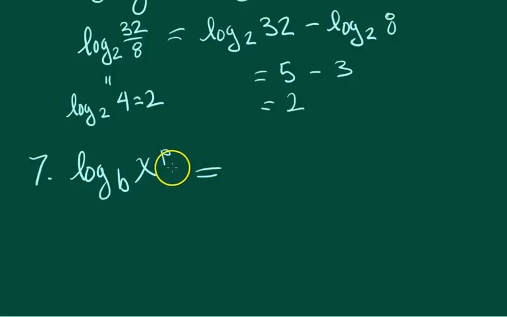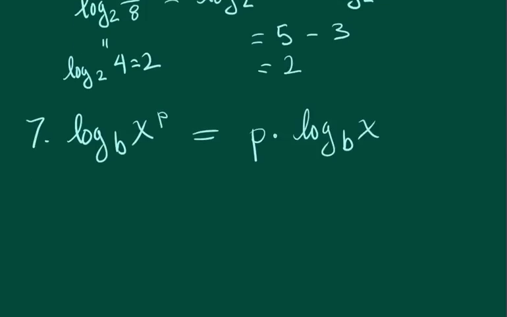Well, because log is an exponent, I can bring this p down here, and this is equal to p times the log base b of x. So this is very helpful for getting exponents out of our way.